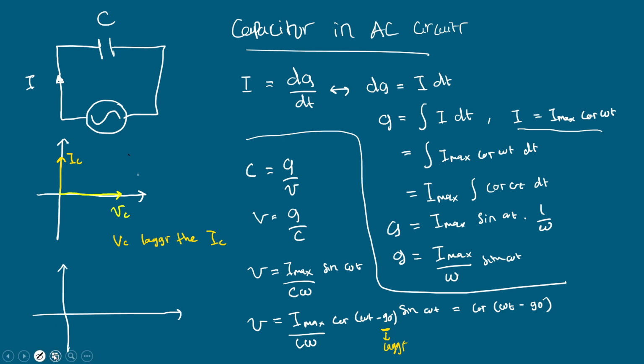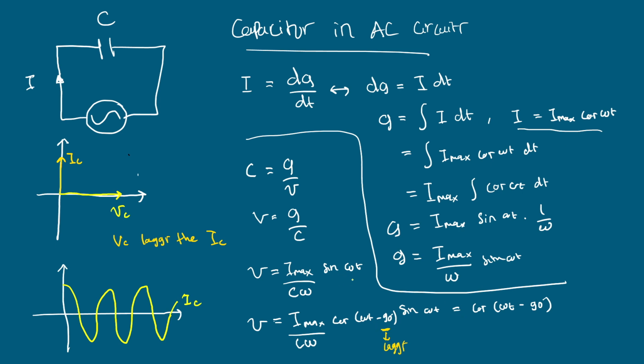Okay, then we're going to draw a signal for VC first, and maybe I first. I is still the same as before, like this, right? This is IC. And then for the voltage, or VC, it started from sine omega t.